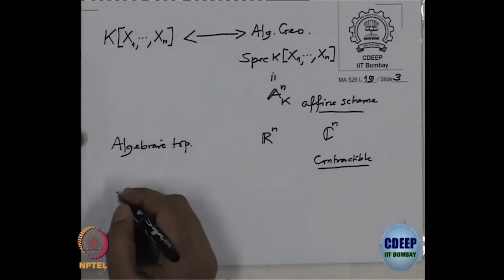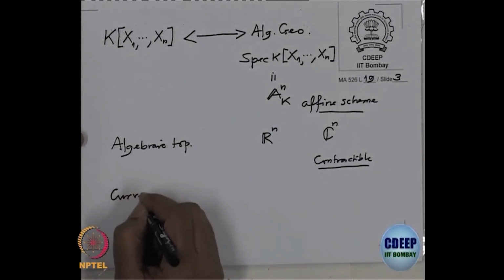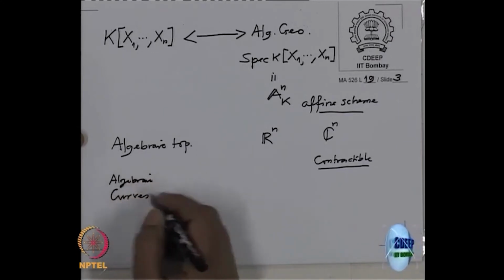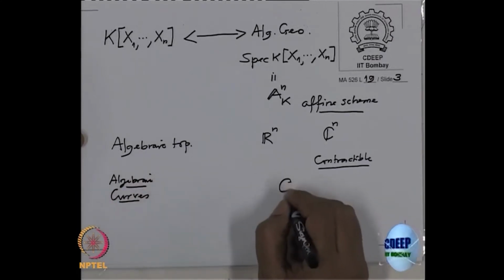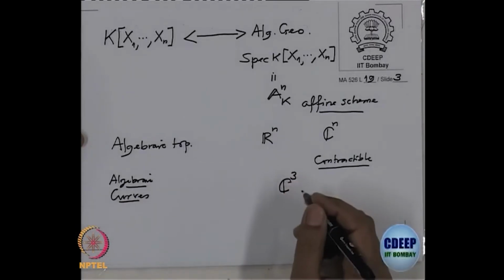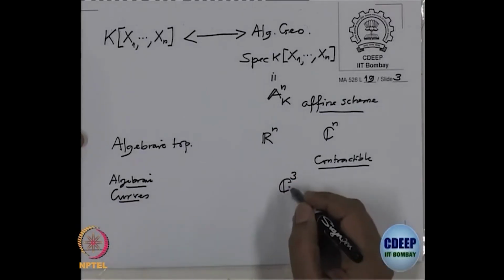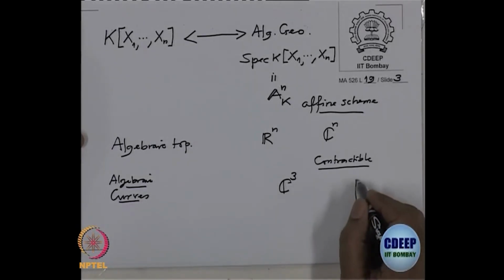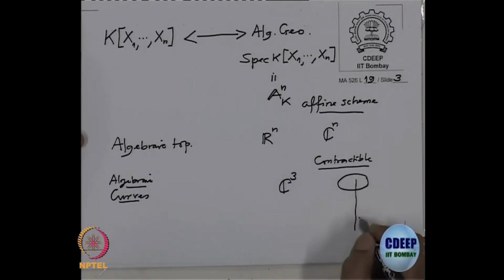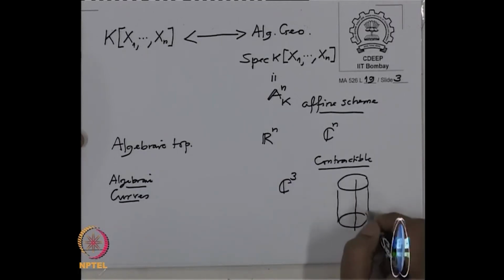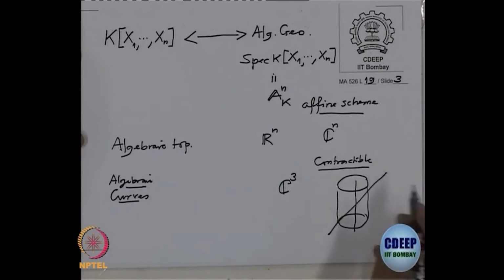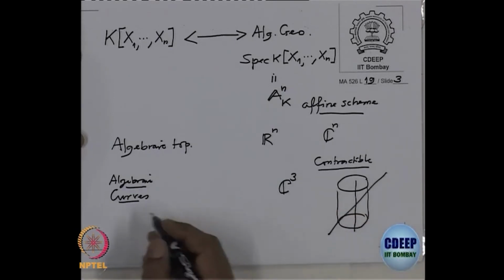When you take algebraic curves in 3-space, let us say C^3, typical examples that we know are, for example, if you take a cylinder and cut it, or a cone and cut it. So, conic sections, curves in 3-space.